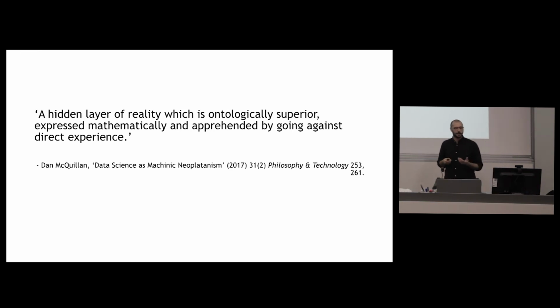How do we challenge the epistemological reverence for a hidden layer of reality which is ontologically superior, expressed mathematically, and apprehended by going against direct experience? How do we ensure that as the digital within cyber-physical systems comes to constitute the world, it doesn't at the same time constitute our understanding of the world?